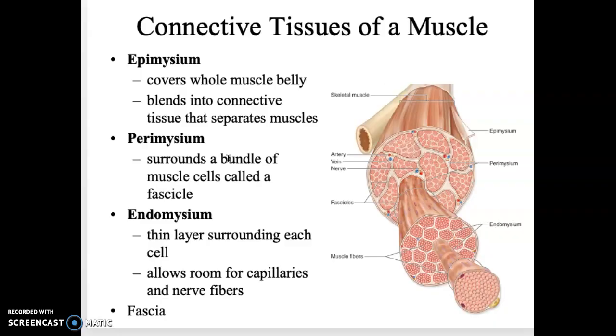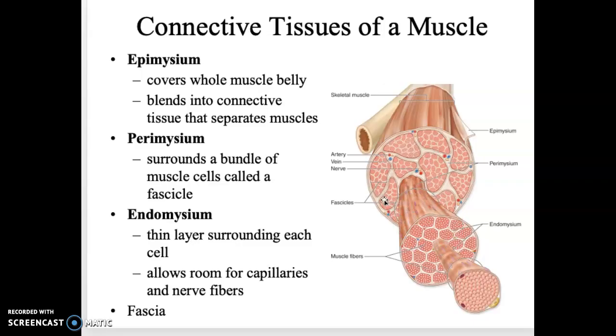So muscle has connective tissue that surrounds it. On the very, very outside, you can see this layer is peeled back here. This is what we call the epimysium. Epi means outside, and this wraps around the entire muscle. The perimysium is around each fascicle. This little group of muscle fibers is called a fascicle.